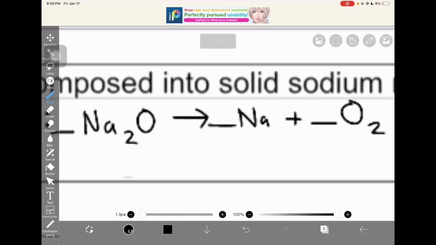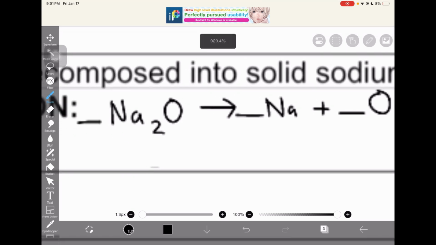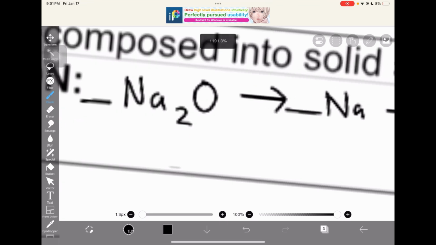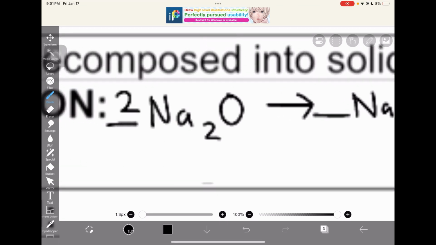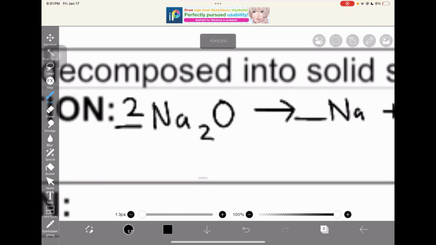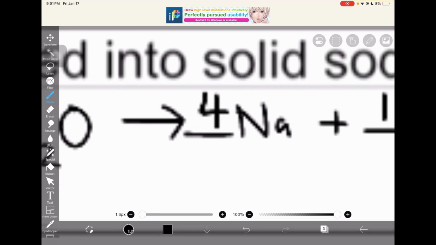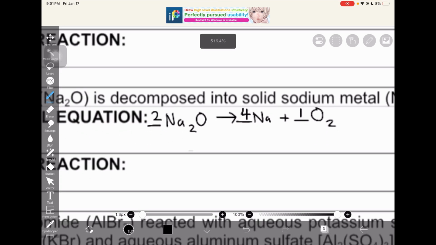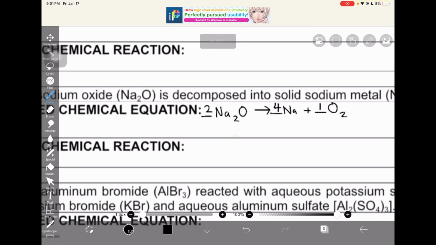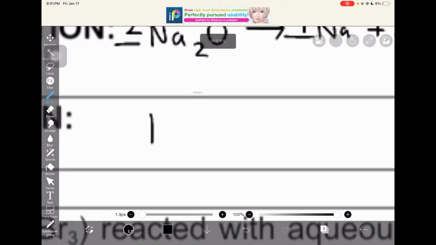As you could see here, we only have 1 oxygen on this side, but there's 2 oxygen here. Meaning that to balance it out, this number has to be at least 2. 2 times 1 oxygen is 2 oxygen. And now we just need to fill in this. Since we already have a fixed number here for this side, we can just do 2 sodium times 2. So that's 4 sodium. So that is the answer we're looking for. And it's already stated here. It's decomposed, and therefore it's decomposition.